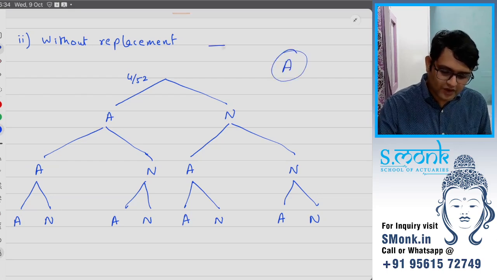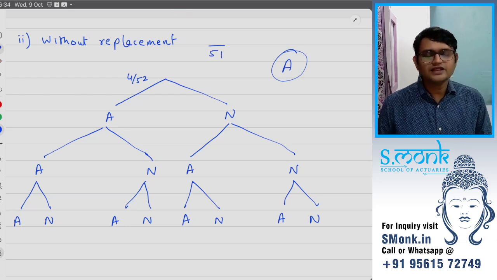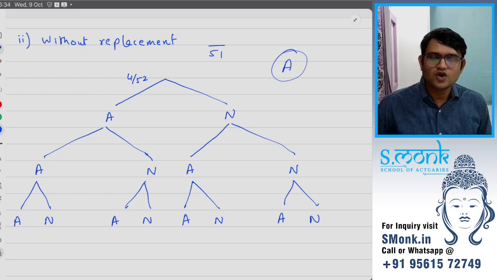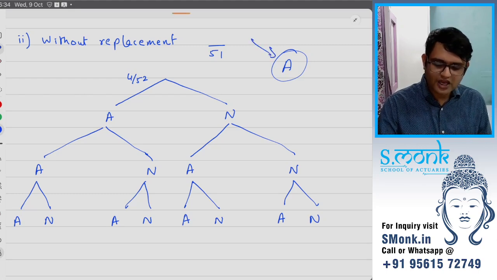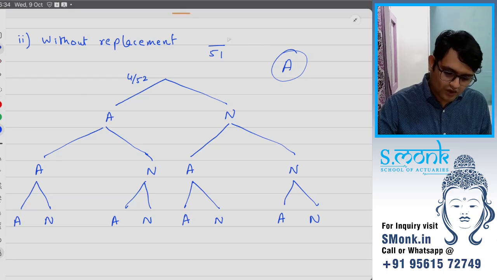So in the deck now I have only 51 cards, and out of those 51 cards, only 3 of them are going to be aces because one of the ace is already out of the deck. So now the probability that I will get another ace is 3 by 51.